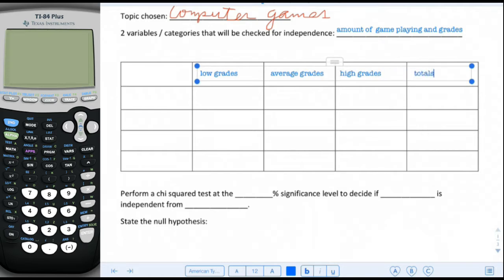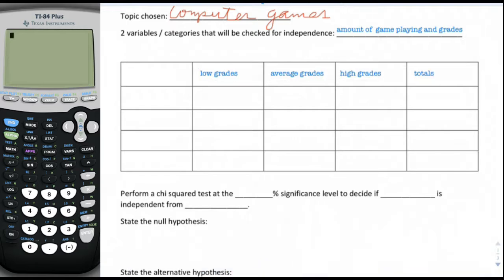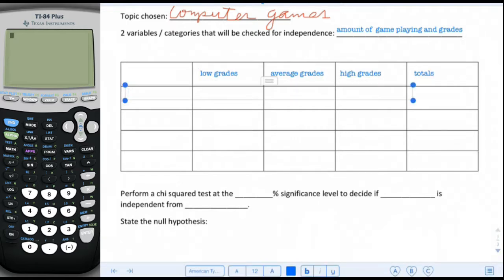And then for the columns, I'm going to have 0 to 9 hours, and then 10 to 19 hours, and this is per week. Some of you may play 0 to 9 hours per day. Okay, and then totals.